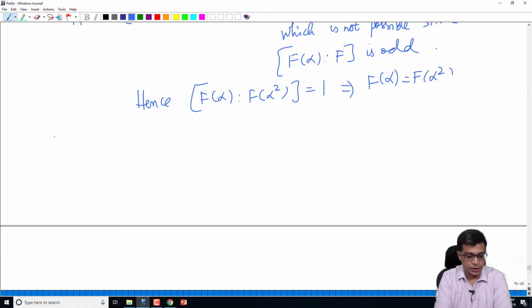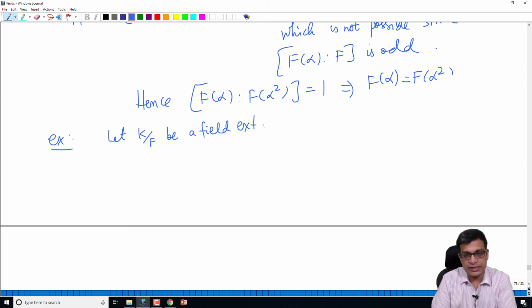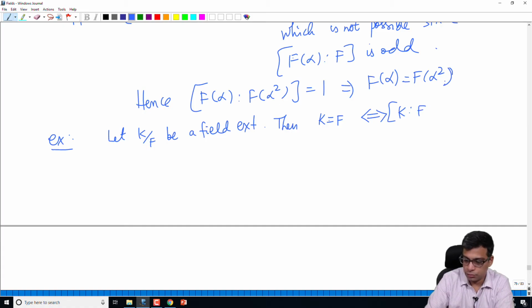There is a small observation here, which I have used multiple times. Let K over F be a field extension. That means K is a field containing another field F. Then K is equal to F if and only if [K:F] is 1.